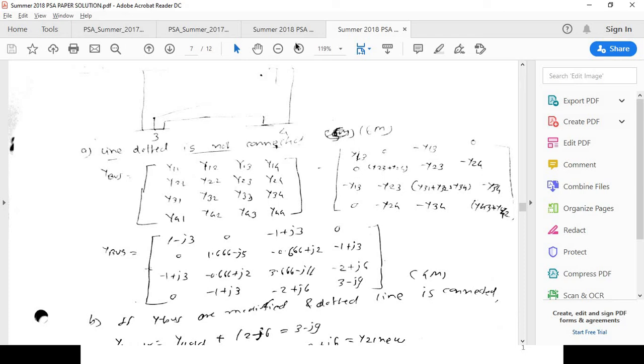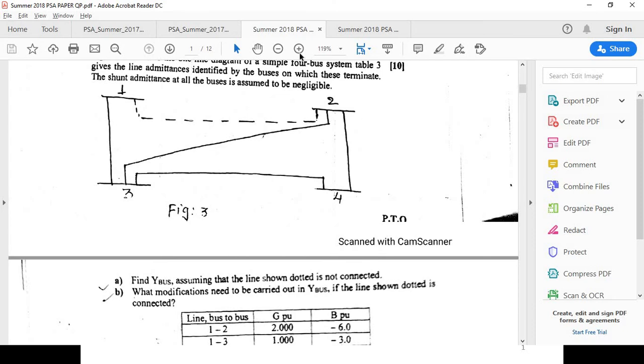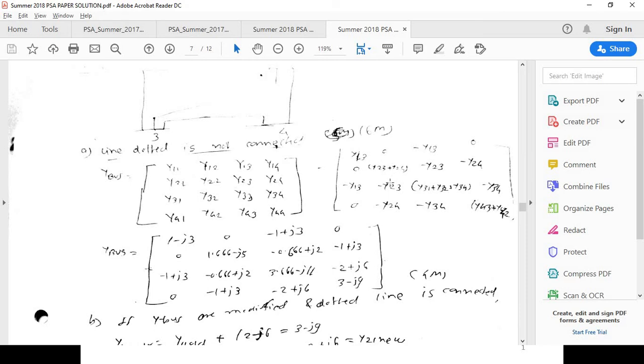Then Y22 is the positive sum of all the admittances which are connected to bus number 2. If we go through the diagram, bus number 3 and bus number 4 are connected to bus number 2. That means it is the positive sum of Y23 and Y24, so we can show Y22 as Y23 plus Y24.